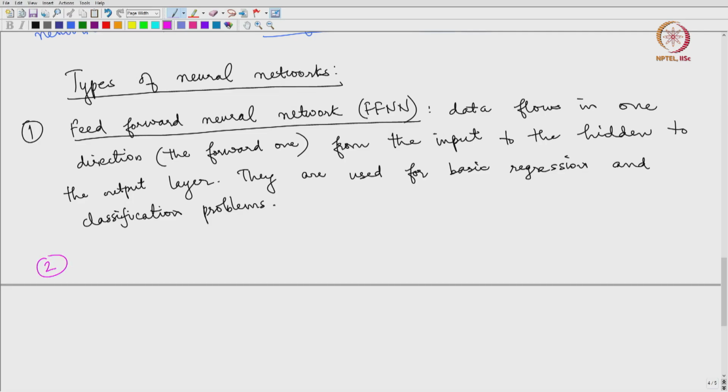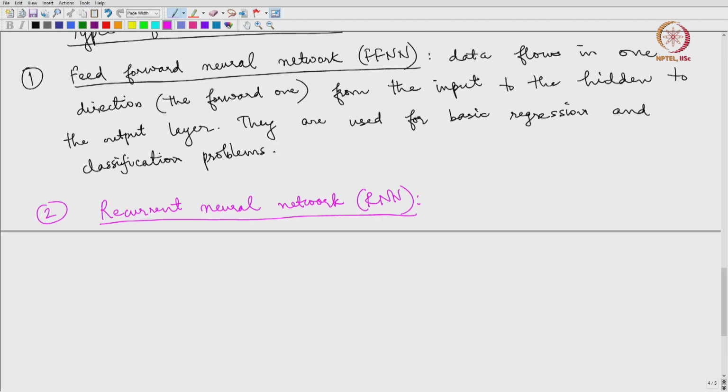So, the next type we will study is the recurrent neural network, or RNN, and as the name suggests, features are recurrently or repeatedly fed into the network. It is very useful for modeling time series data or things like text, because what appears earlier in a paragraph of text will affect what happens later in it.